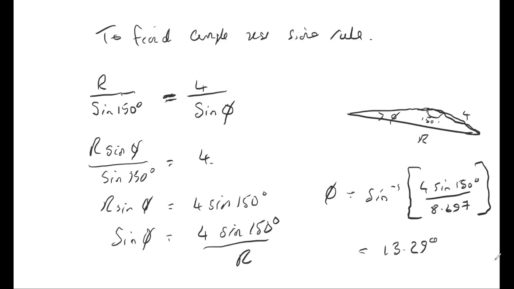We can say that R is equal to 8.697, that's the magnitude, so that's the amplitude, sine, sorry, we've got to have omega t in there.